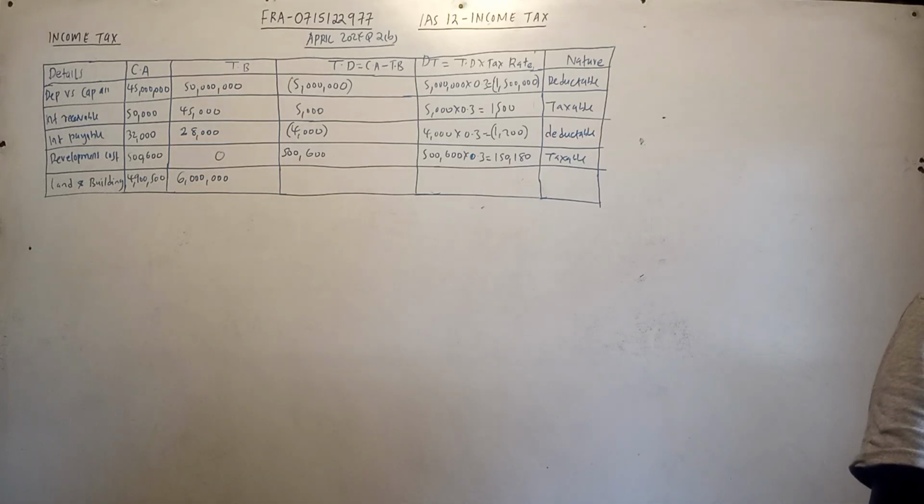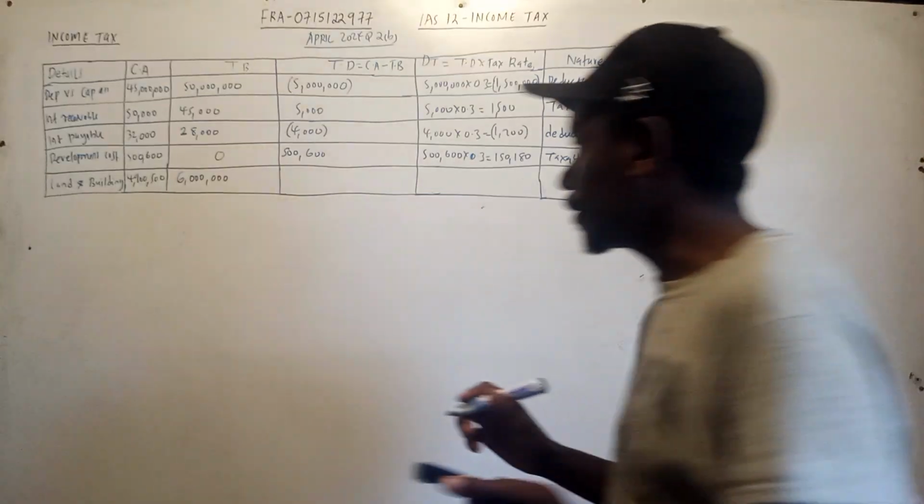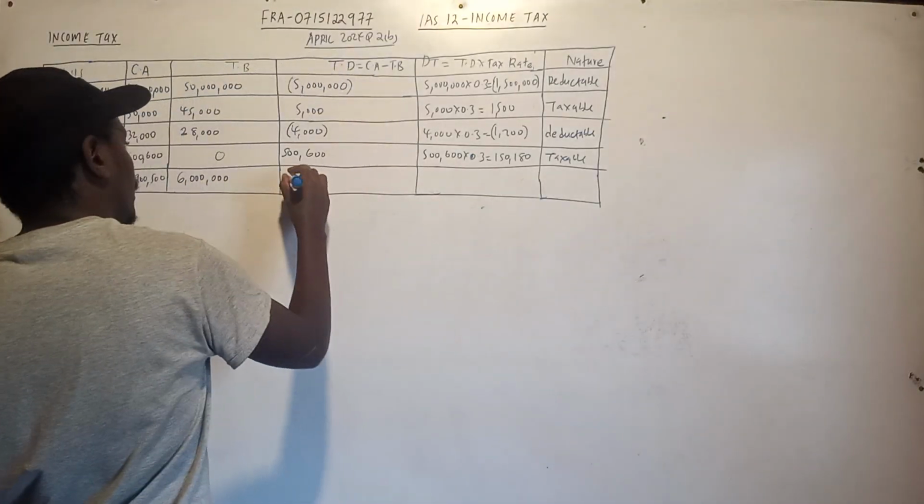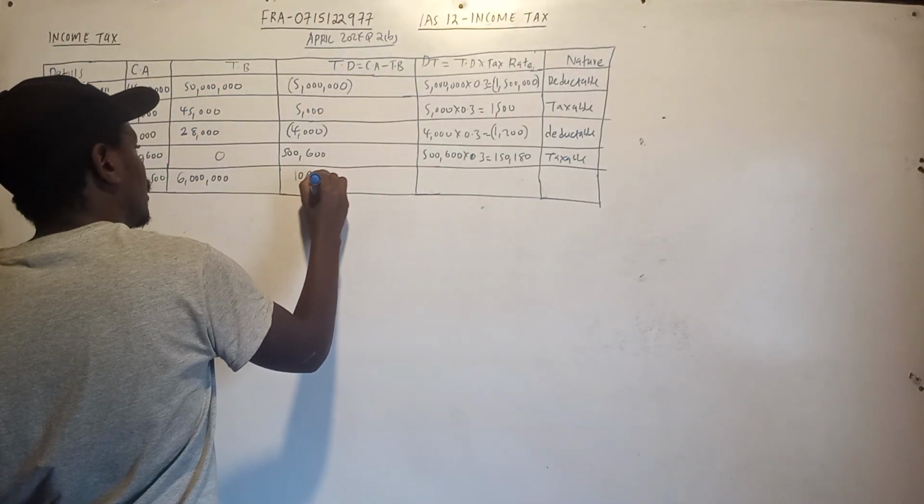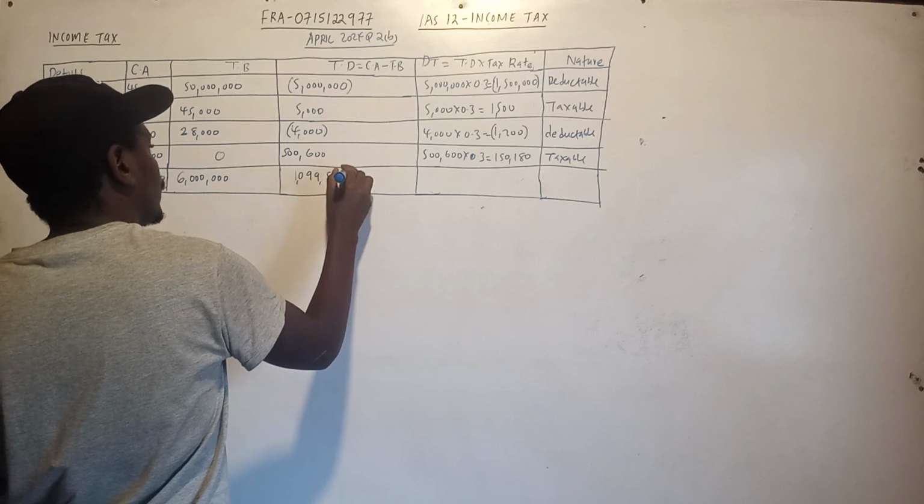The difference is 6 million minus 49,00500, which is 1099,500.